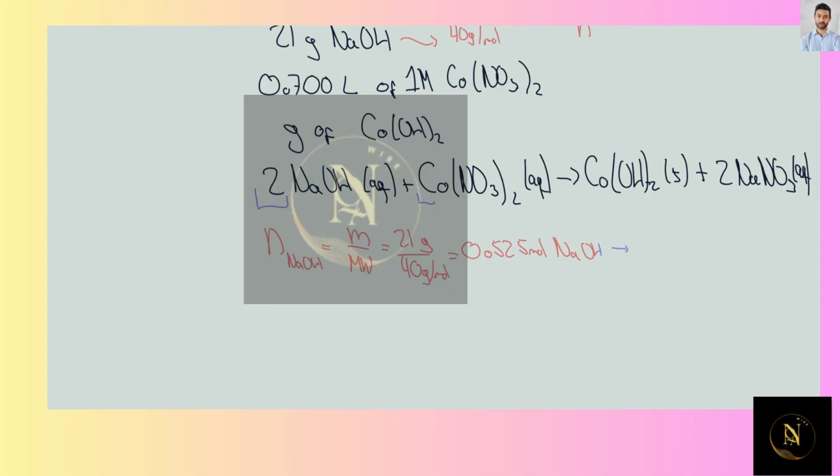So we're going to multiply by a factor: 2 moles of sodium hydroxide correspond to 1 mole of cobalt nitrate. So we simply need to divide by 2, and this is going to give us that 0.525 moles of sodium hydroxide can react with 0.2625 mole of cobalt nitrate.